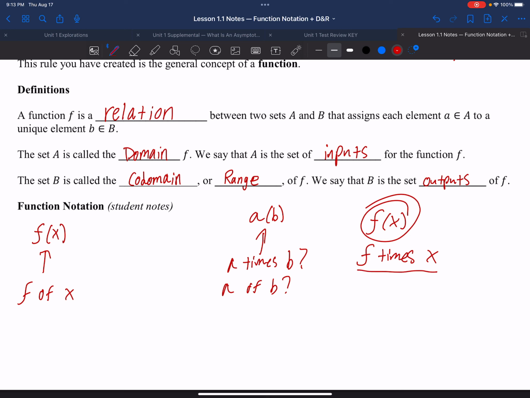It's not f times x. Because function notation, while it looks like multiplication, right? a times b, that's fine. Parentheses mean multiplication, but they also play a factor in function notation.